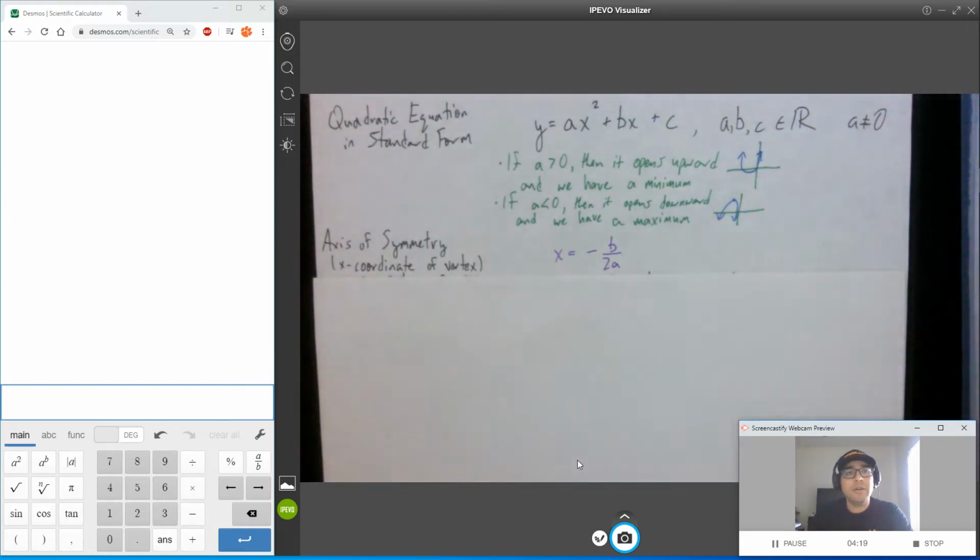Now, in the previous video, we were looking at quadratics that had roots, that had x values, in factored form. But quadratics don't necessarily always have to intercept the x-axis. So that's what I want to help you figure out here: how can we find this axis of symmetry when we don't know the roots?